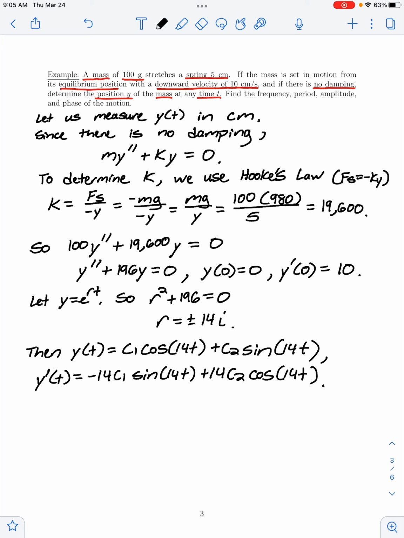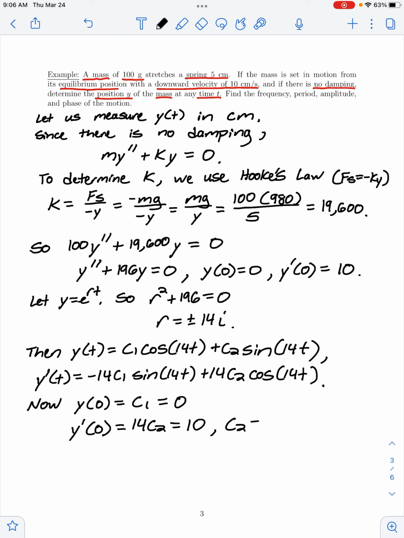So now that we have y and y prime, we're ready to apply our initial conditions. Let's see what we have. y at time 0 gives us C1, which we were told had to be 0. And then y prime at time 0 gives us 14c2, which had to equal 10.